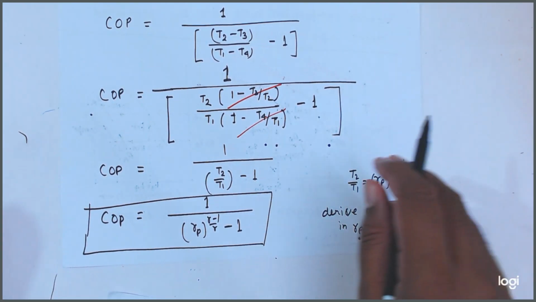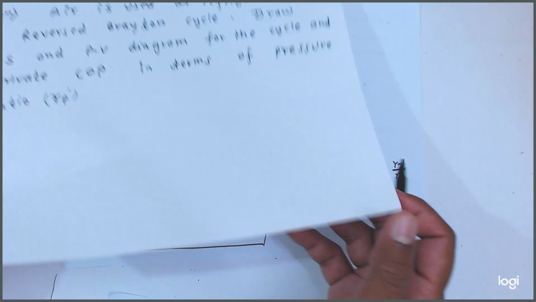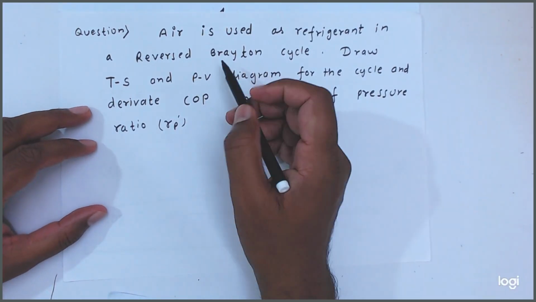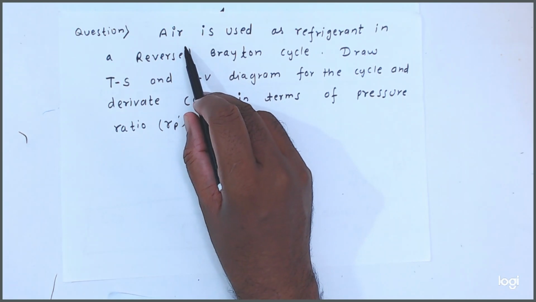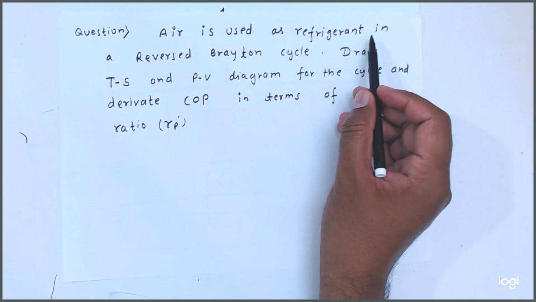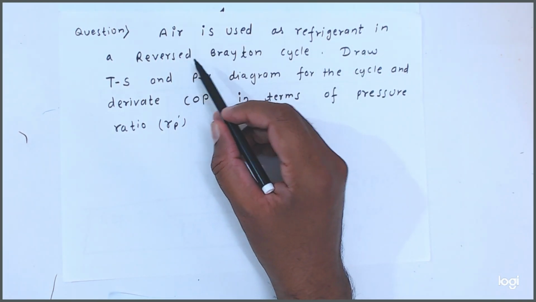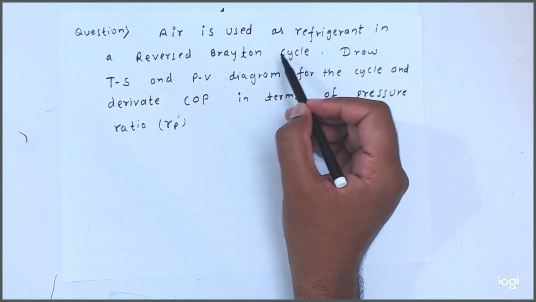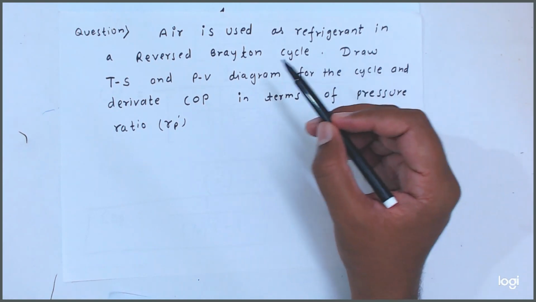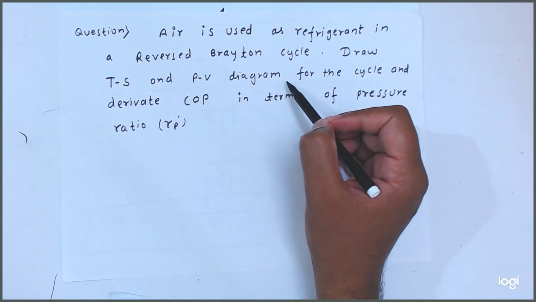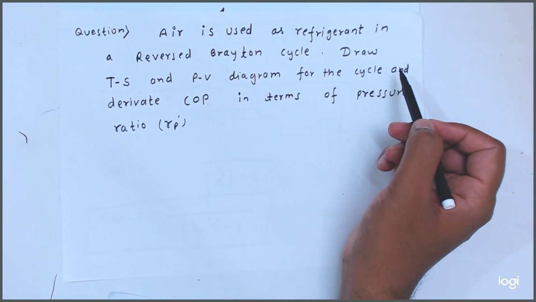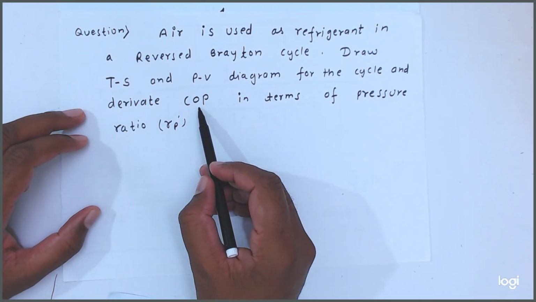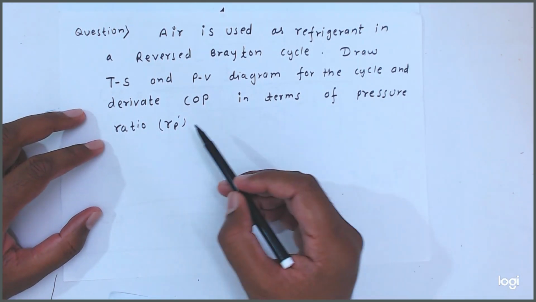Okay, like here, friends, the question is asked: air is used as refrigerant in the reversed Brayton cycle or reversed Joule cycle or Bell-Coleman cycle. Draw the TS and PV diagram for the cycle and derive COP in terms of pressure ratio Rp.